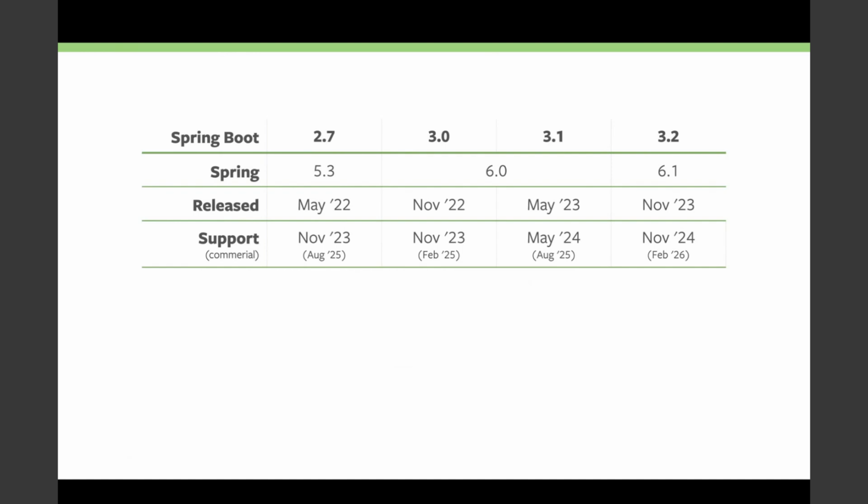Even worse, the open source support for Spring Boot 2.7 runs out in November 23 as well. You've seen that we've given you an extra 6 months of open source support already, because we know that major version upgrades are hard to execute. After this November, there's only one way to get additional security fixes.